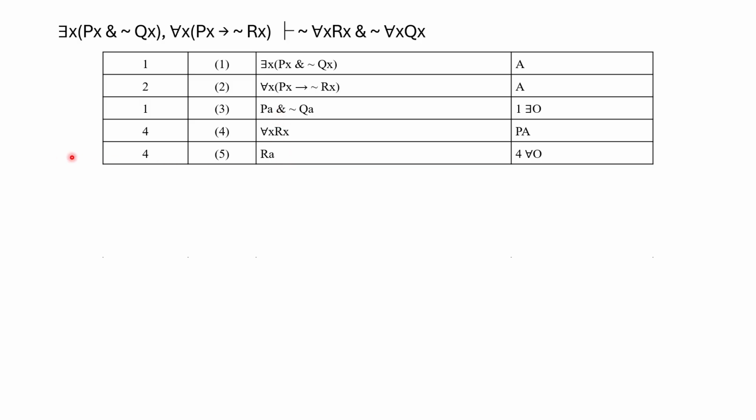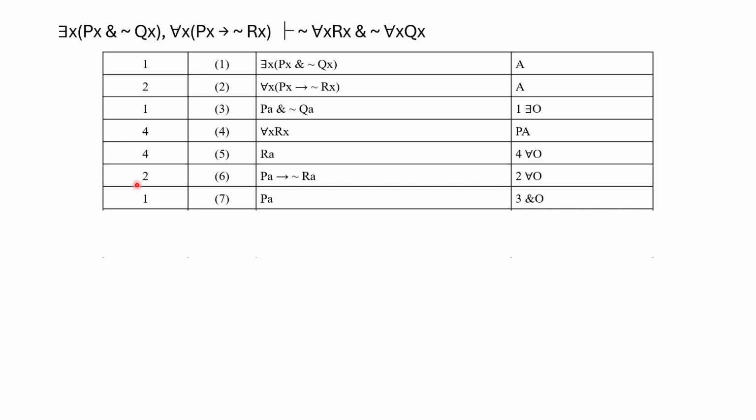Next, we can use our universal quantifier out rule on our second assumption up here to get PA arrow tilde RA. So hopefully you can see this is going to be where we get our contradiction to add a tilde to our PA. The only thing we need is to pull the PA from up here in this statement that we derived once we did our existential out rule.